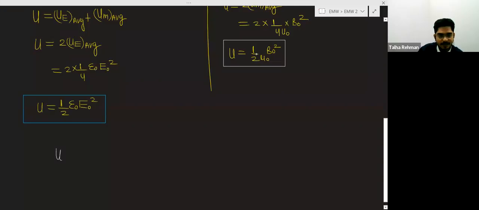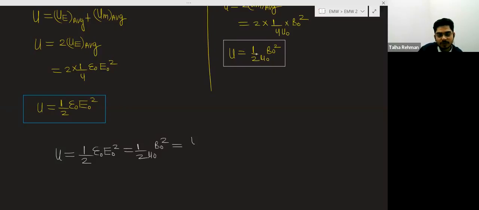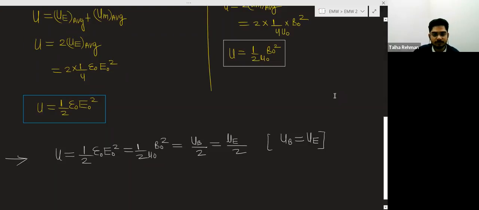So total energy density in the electromagnetic wave is given by half of epsilon naught into E naught square, which is equal to half of mu naught into B naught square, and this is equal to half of the average energy density of the magnetic field and half of the energy density of the electric field, where energy density of the magnetic field in the electromagnetic wave is equal to the energy density of the electric field in the electromagnetic wave. So this thing you have to remember.